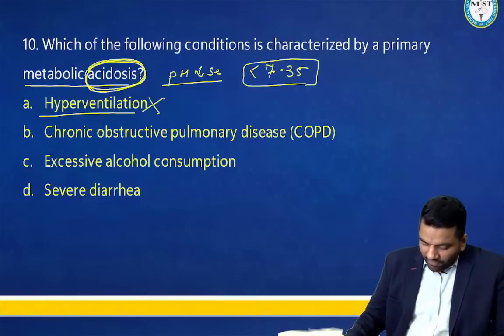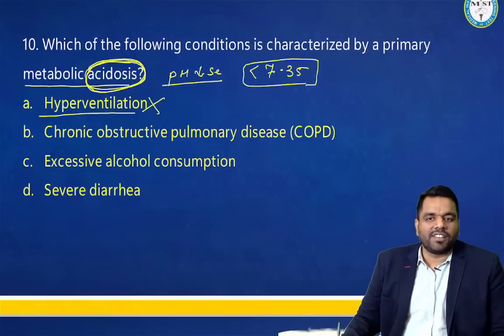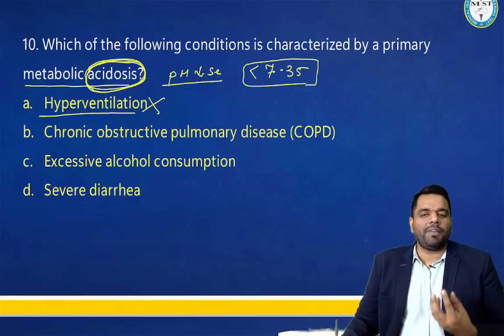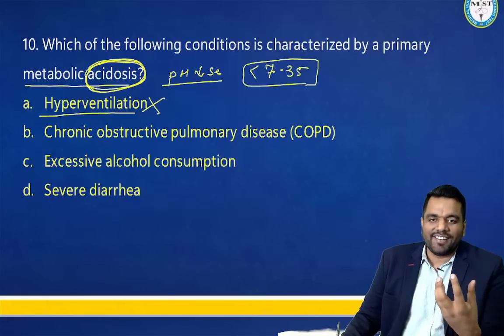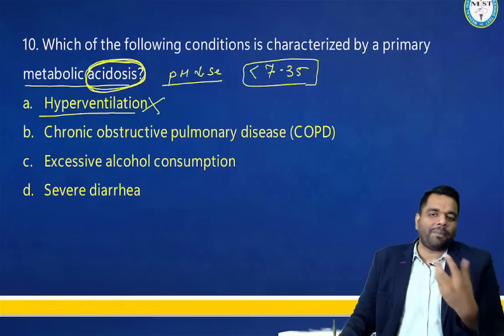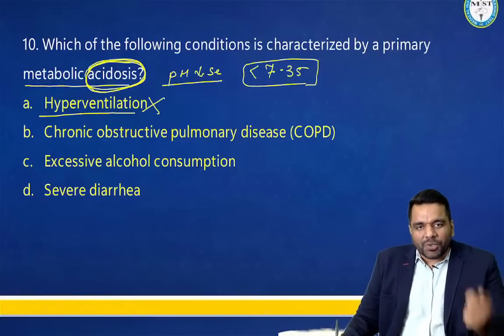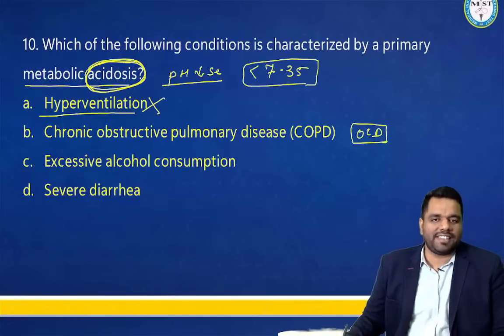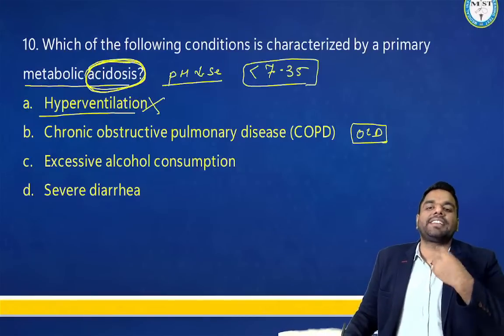Number 2, COPD. Is COPD a problem in inhalation or exhalation? Is it a restrictive lung disease or an obstructive lung disease? You know that COPD is an obstructive lung disease, and in obstructive lung disease the problem is always in exhalation.